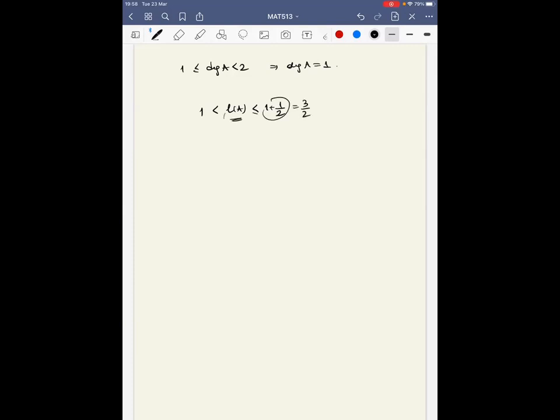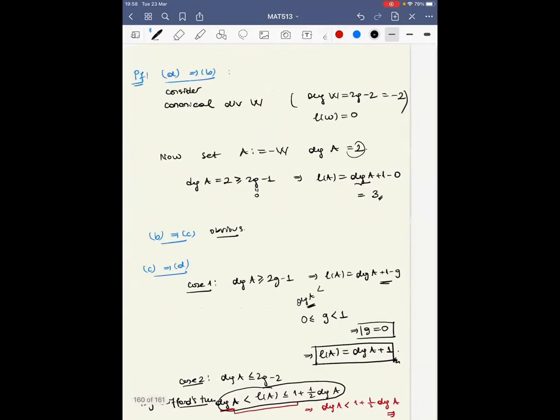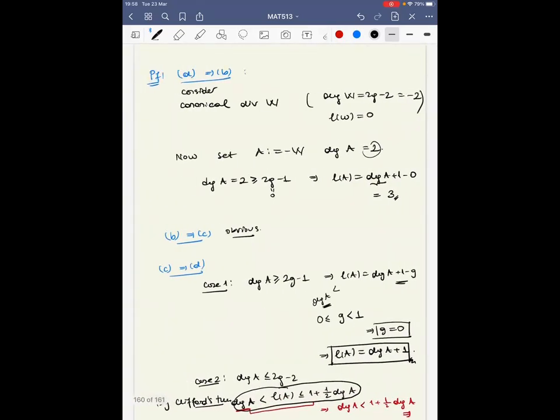Because the dimension should be an integer, and if it is not equal to 1, it should be equal to 2, but 2 is not bigger than or equal to 3 over 2, and this gives us a contradiction. So that means this cannot be the case, and we show the desired equality between the dimension and its degree.